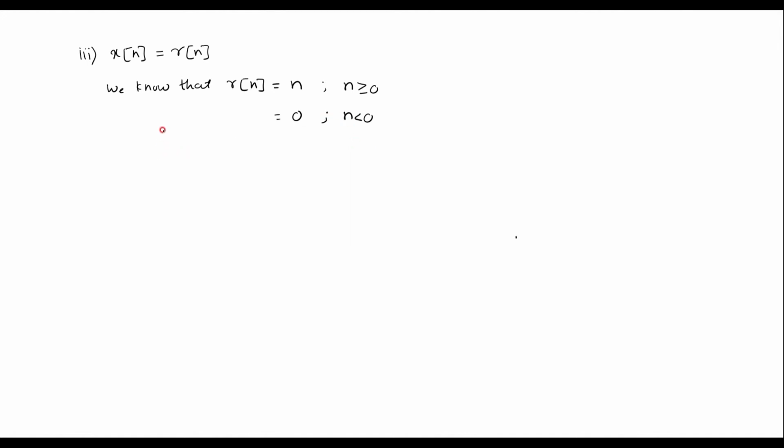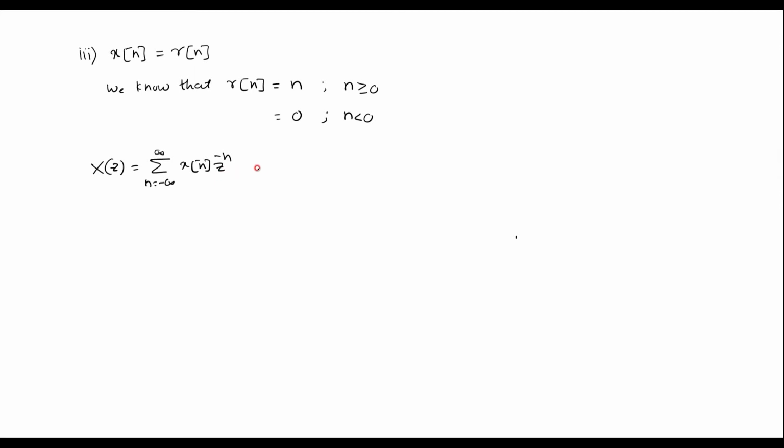With this definition, now we'll find the Z transform of the unit ramp signal, that is, X of Z is equal to summation n equal to minus infinity to infinity X of n z power minus n. This is the definition of the Z transform.